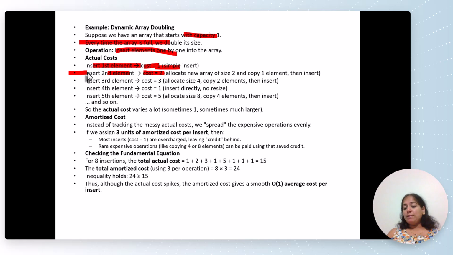Then you copy elements 1 and 2 and insert element 3, so the cost is 3. Then inserting the fourth element costs 1, because no resizing is required; you are just inserting the element. Inserting the fifth element costs 5, and so on. So the actual cost varies a lot, sometimes 1, sometimes much larger.